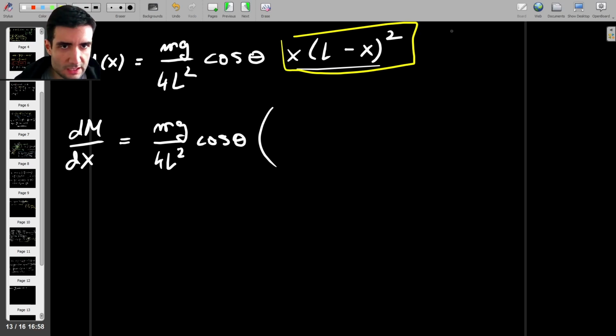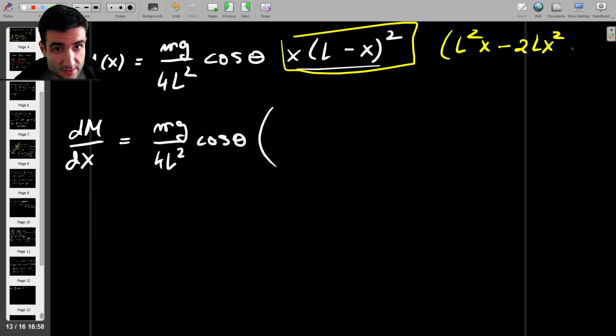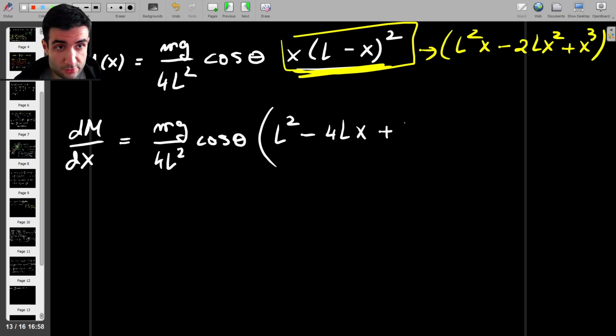Let me write this first as L squared x minus 2Lx squared and then plus x cubed, I believe. So when we differentiate that, we get L squared minus 4Lx and then plus 3x squared.